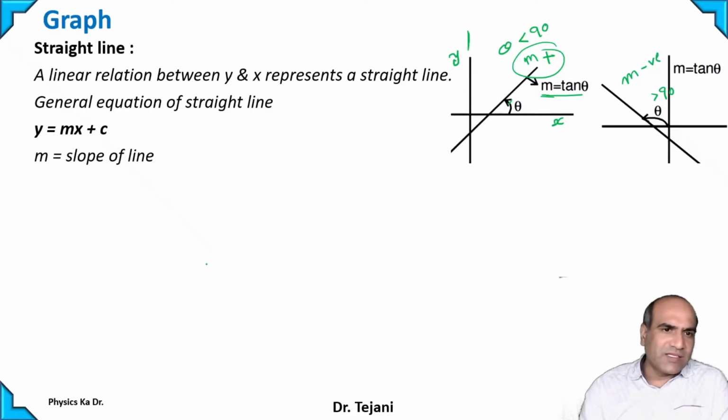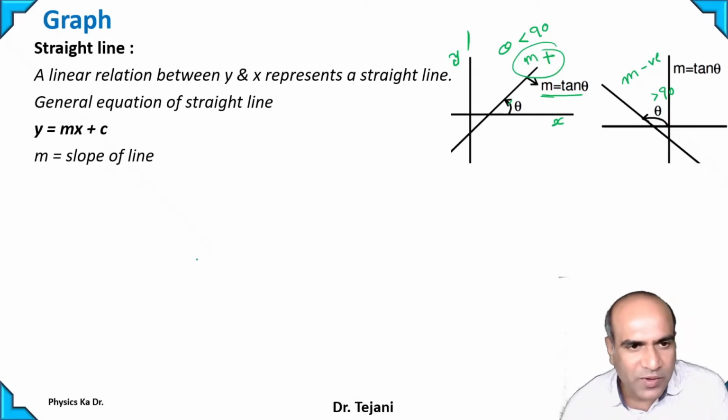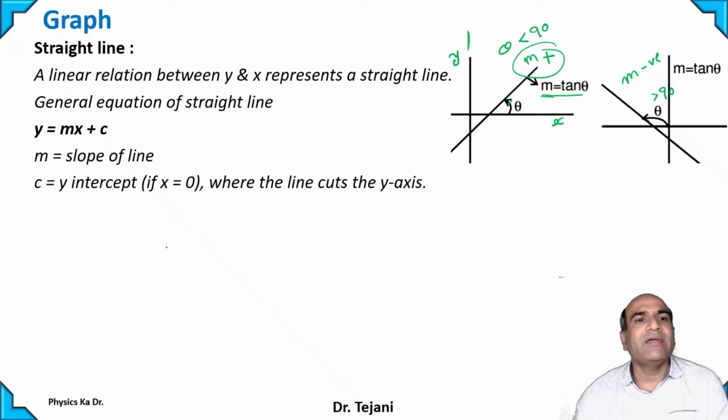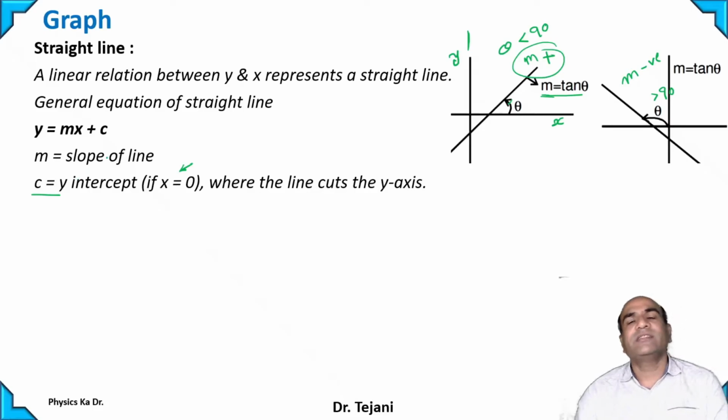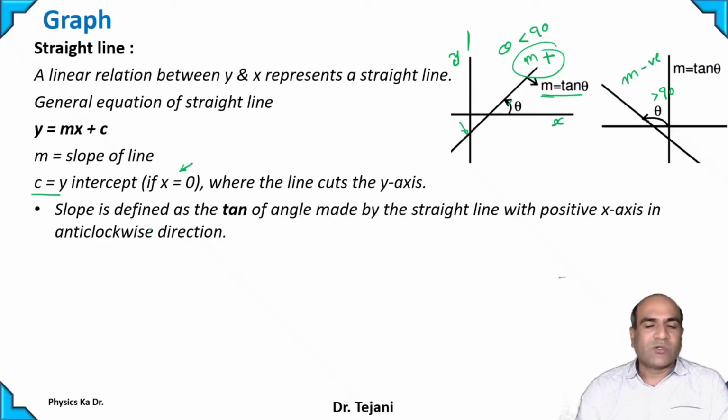And if theta is greater than 90 degrees, that means m becomes negative. So we need this understanding. m is showing the slope and c is the y intercept. That means when x is equal to 0, c represents the y position. So slope is represented by tan theta, and we need this.